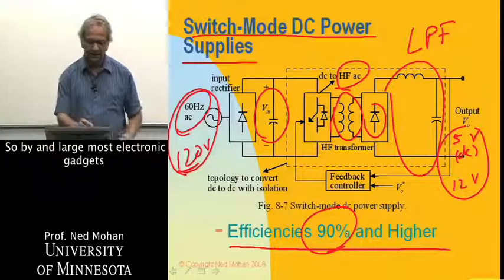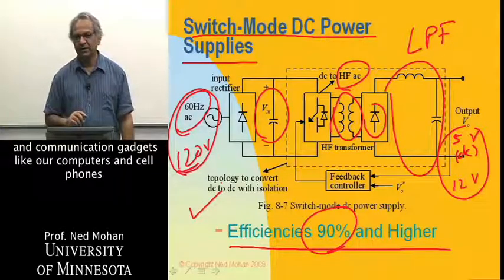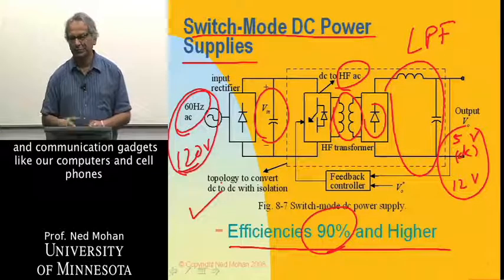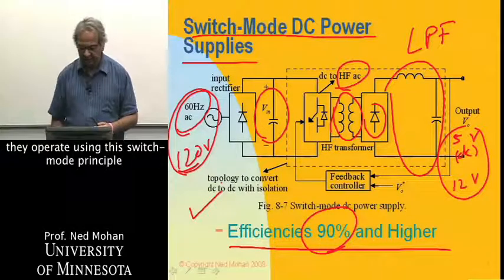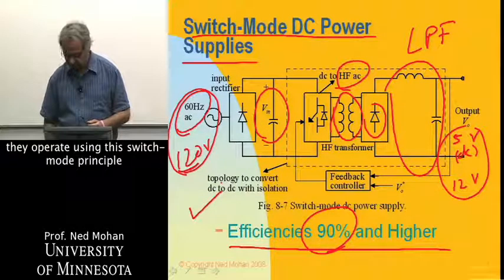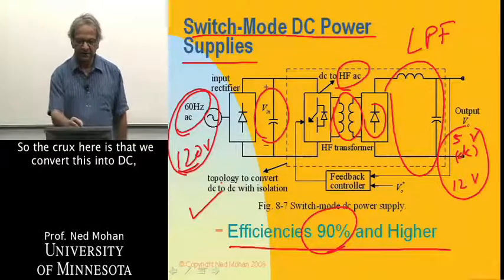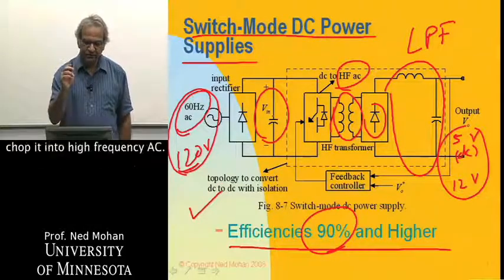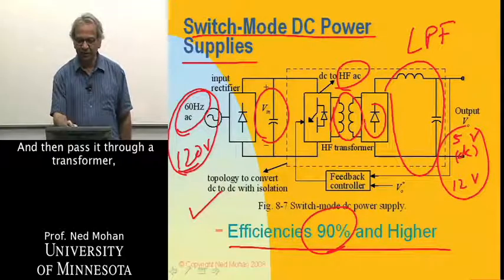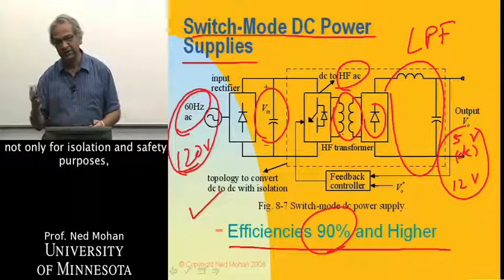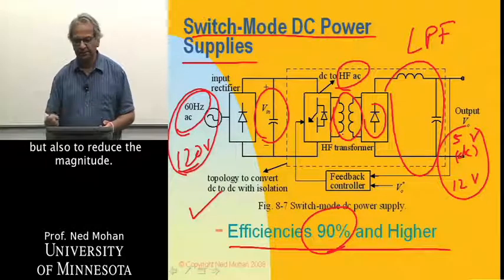So by and large, most electronic gadgets and communication gadgets, like our computers and cell phones and everything else, operate using this switch mode principle that I showed here. So the crux here is that we convert this into DC, chop it into high frequency AC, and then pass it through a transformer, not only for isolation and safety purposes, but also to reduce the magnitude.